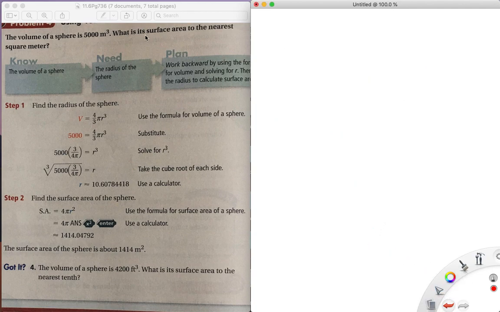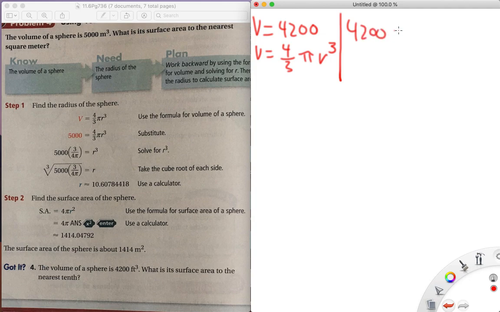So here they give me the volume. Volume is equal to 4,200. I know that the volume of a sphere is equal to 4/3 pi r cubed. So I'm going to have 4,200 equal to 4/3 pi r cubed. Again, I'm going to multiply both sides by 3 over 4. These cancel.